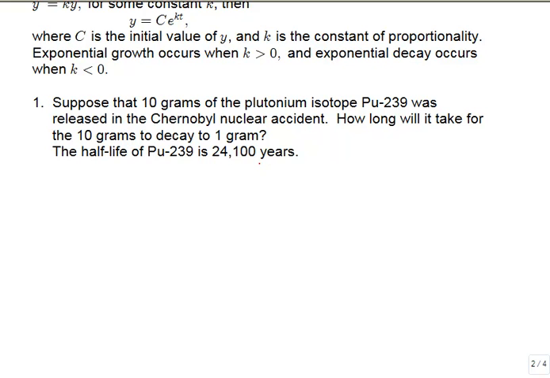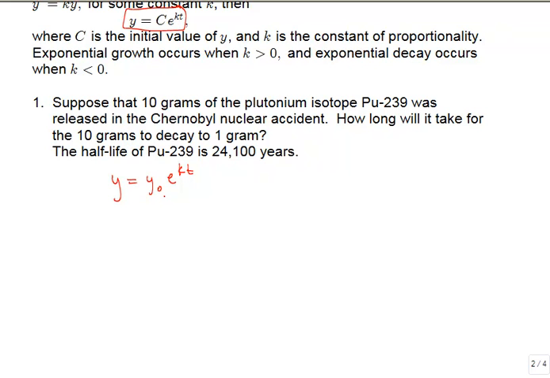Okay? So if you know that you're talking about exponential growth or decay, then you can automatically assume that your quantity, in this case the amount of plutonium that's there or left, follows this model right here. And I'm going to rewrite this using that y sub 0 notation. So since this is exponential decay, I know that the amount of plutonium that's going to be left, which is what I'm calling y, will have to follow this function.